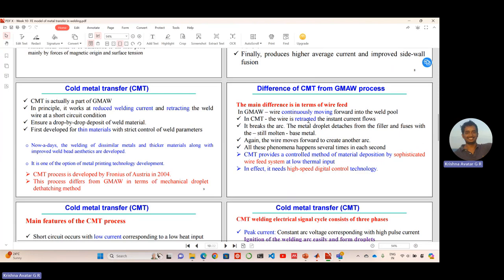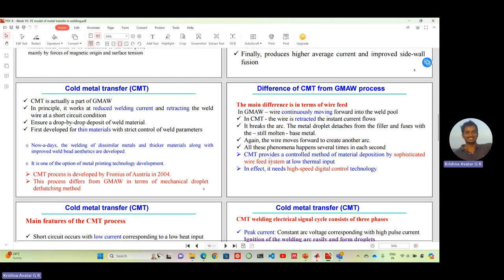And in CMT, the wire is retracted the moment the current flows. When the current starts flowing, the wire is retracted, it breaks the arc, and the droplet detaches from the filler and fuses with the still molten base metal. Again, the wire moves forward to create another arc, and all this happens several times in each second. So it's a very repetitive process.